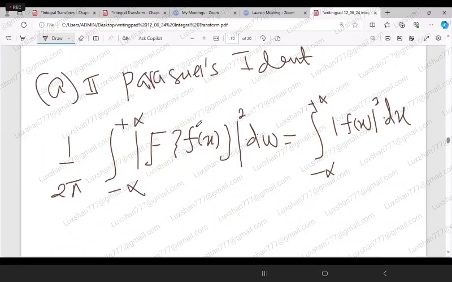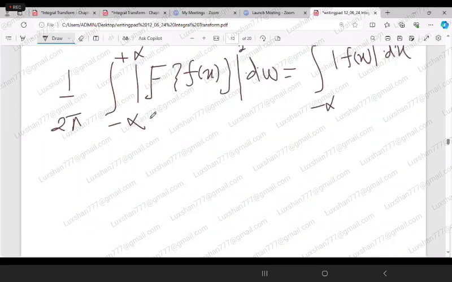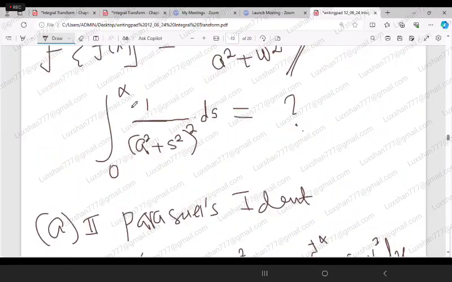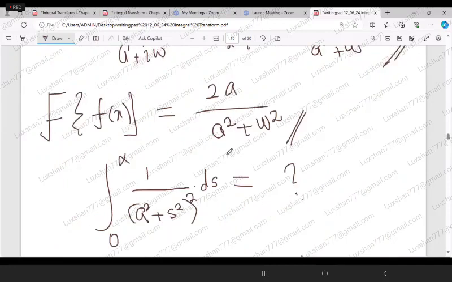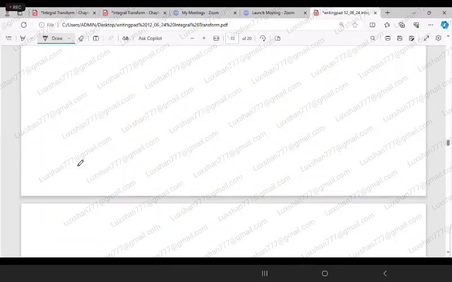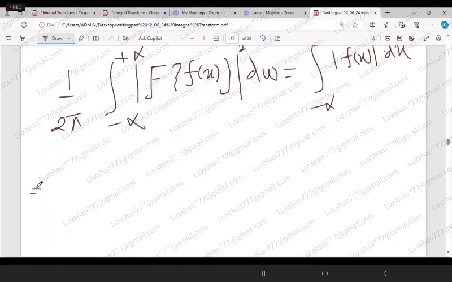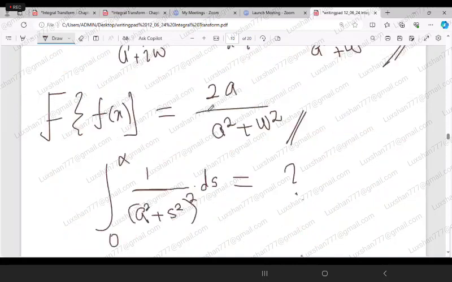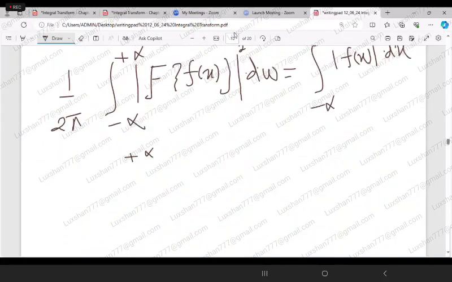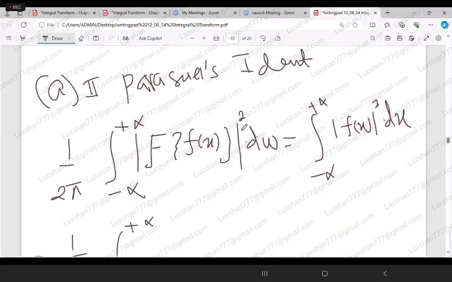Since this is the Fourier transform of f(x), and my f(x) I know, from this one, look carefully: 1 over 2 pi integration minus infinity to plus infinity. My Fourier transform is actually 2a over a squared plus omega squared, and that's a square of that one.